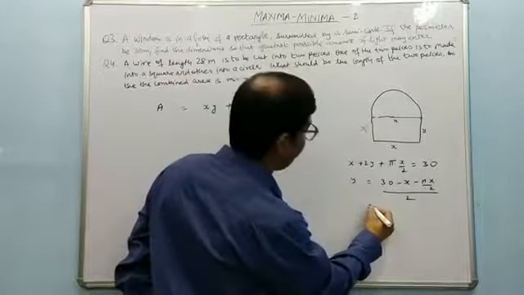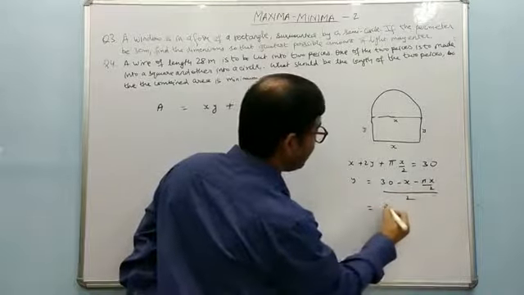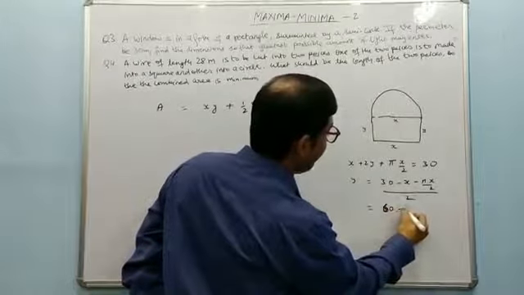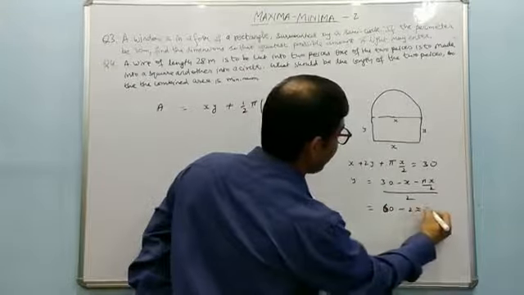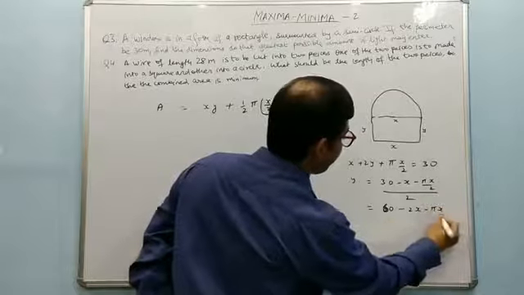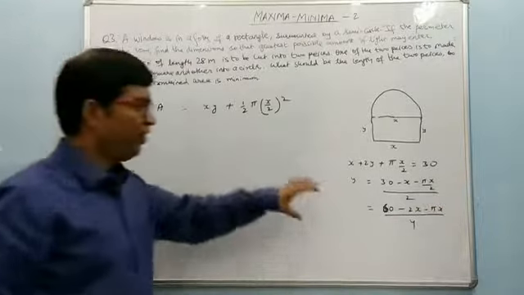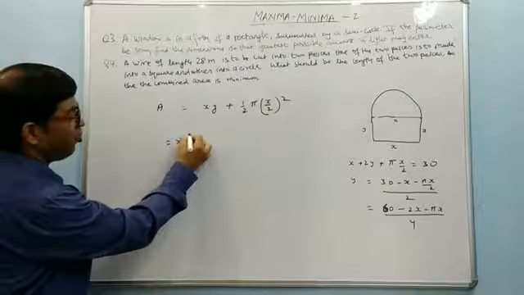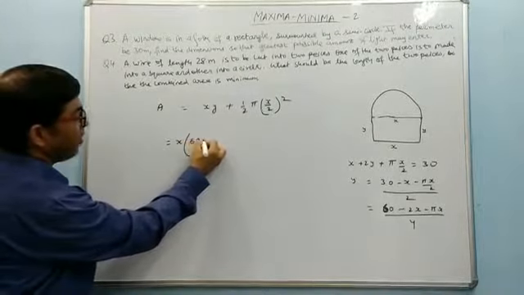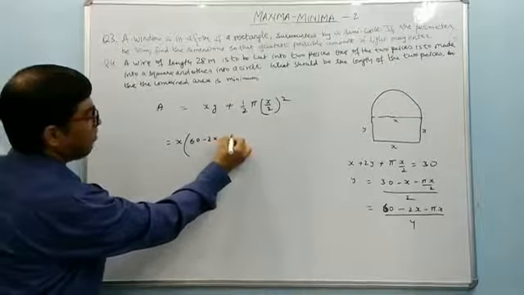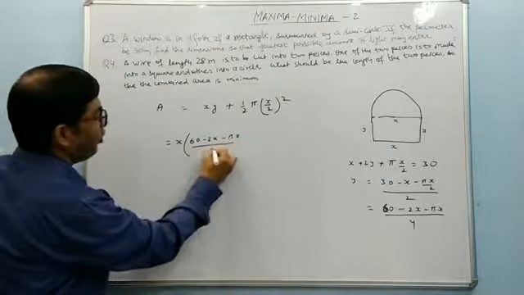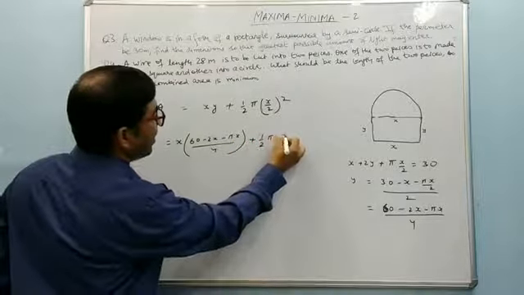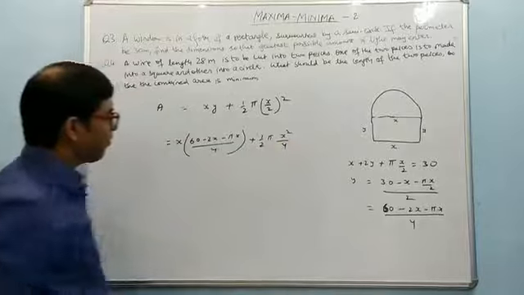Little bit of simplification will give us 60 minus 2x minus pi x by 4. So y we got, we will put it here. So it is coming out to be x into y means 60 minus 2x minus pi x by 4 plus half pi x square by 4.